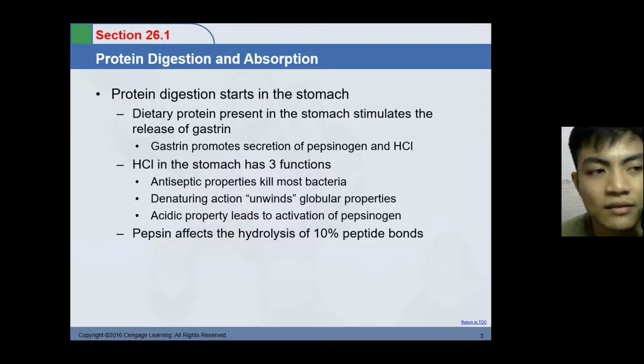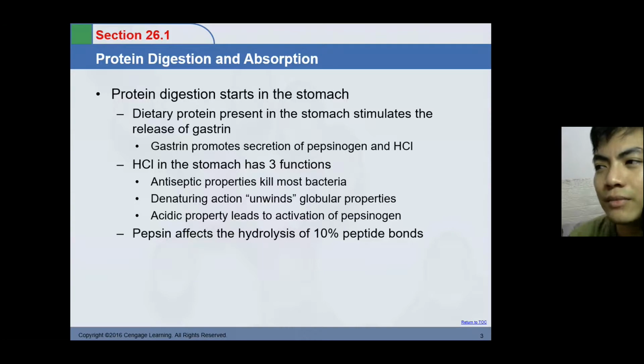And gastrin activates the enzyme pepsinogen. Alam natin yung mga pepsinogen, magiging pepsin yan. And that pepsin can be used to cleave our peptide sequences, yung mga peptide bond.